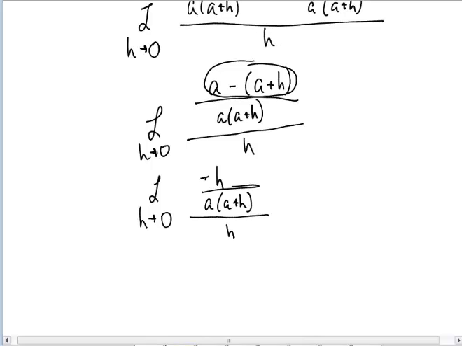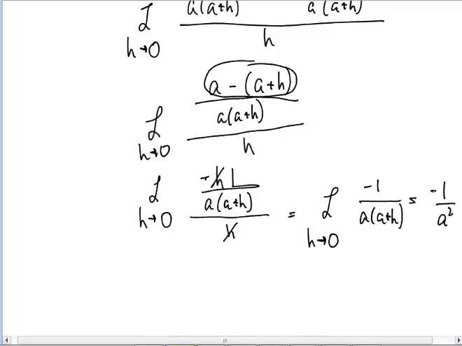So, what cancels? The h is canceled, leaving a negative 1, and my difference quotient is still the limit as h goes to 0 of negative 1 over a times a plus h. So to answer this question, the final answer is negative 1 over a squared.